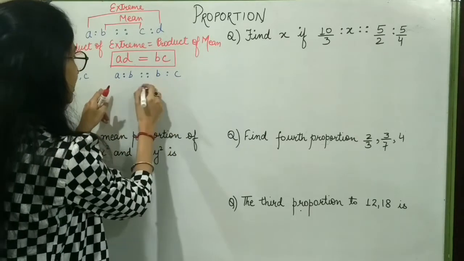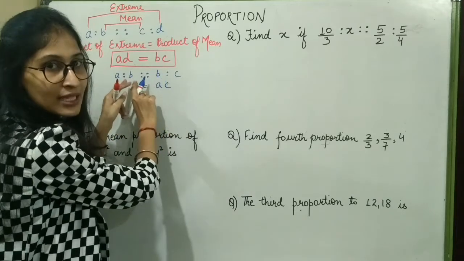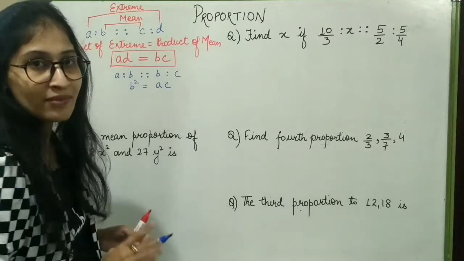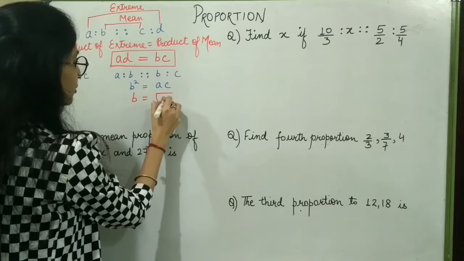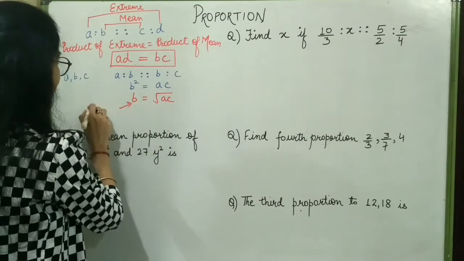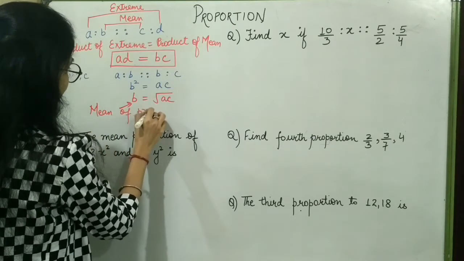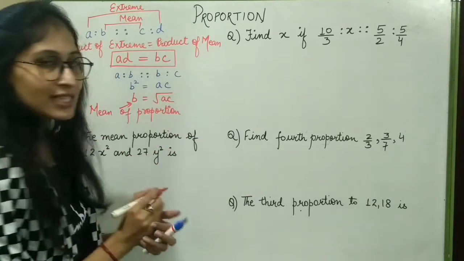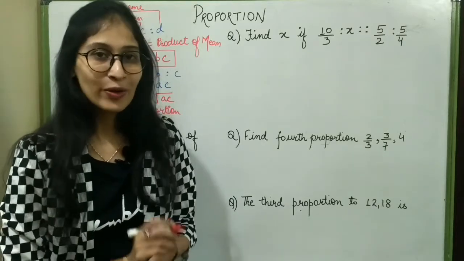Extreme terms here are A and C. The mean terms are B and B. B multiplied by B is B square. So I can write it as B equals under root AC. Here B is also known as the mean proportion. So this is how we are going to check whether the given numbers are in proportion or not.